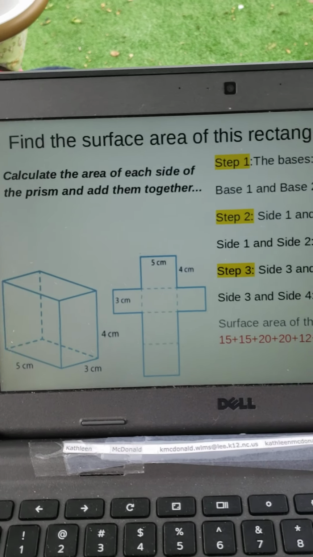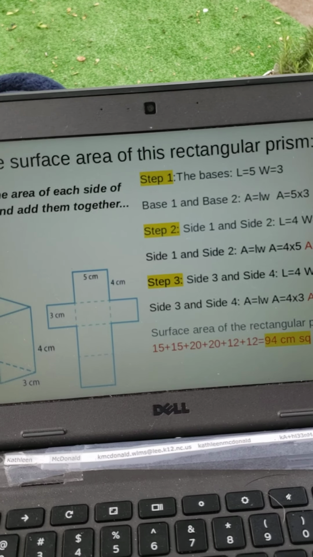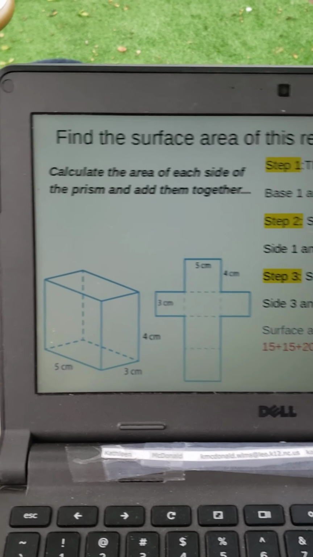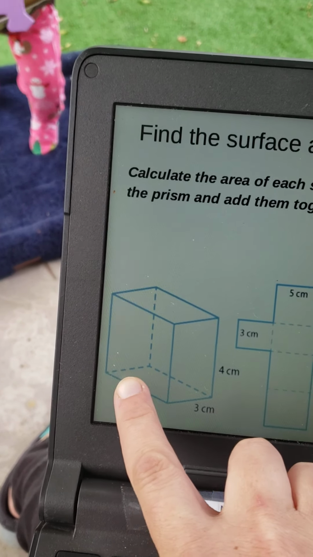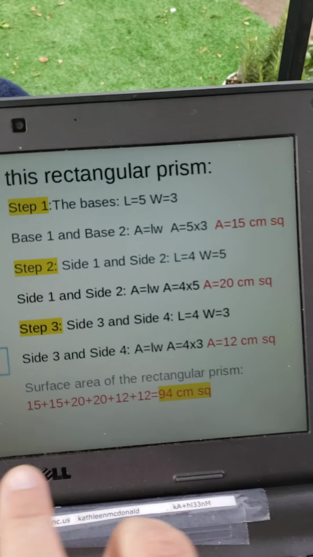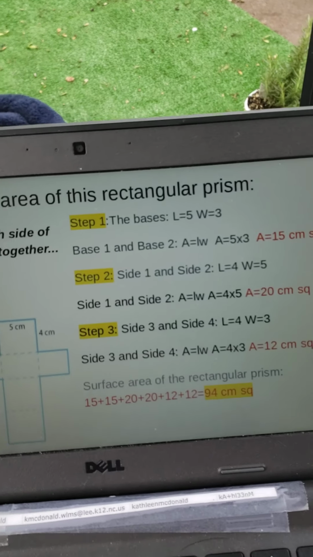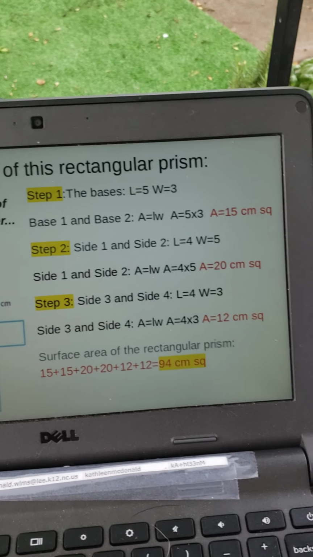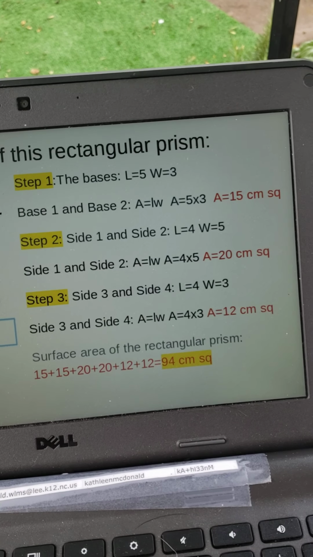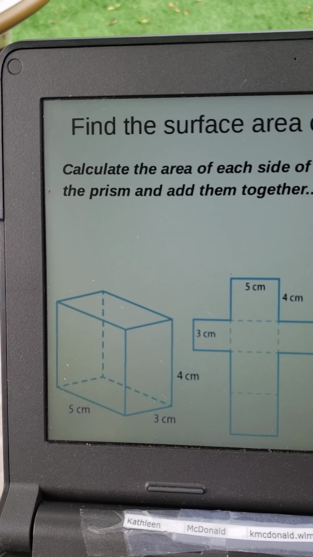All right, so step 1, the base: the length is 5, the width is 3. So they're talking about this one right here. So that gives us 15. So that means the top and the bottom are both 15 square centimeters. Then we have side 1 and side 2, which are 4 times 5.